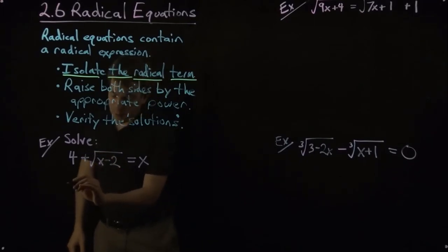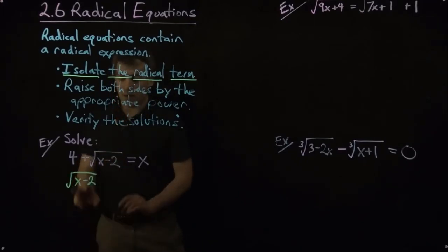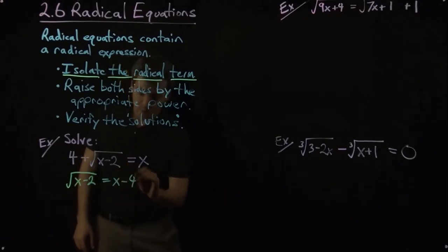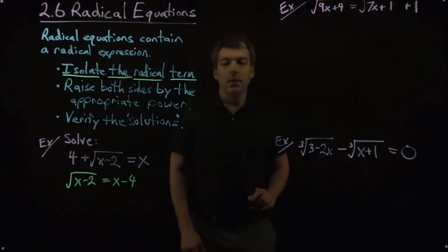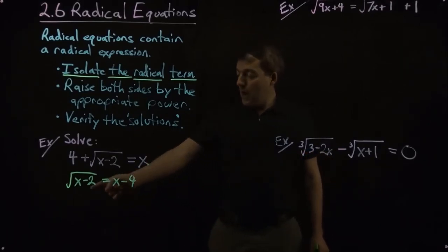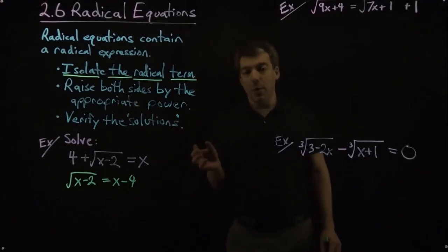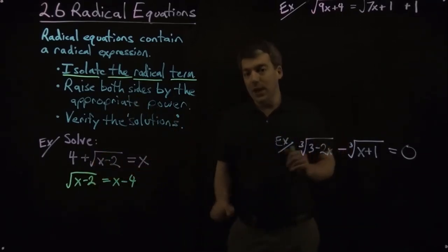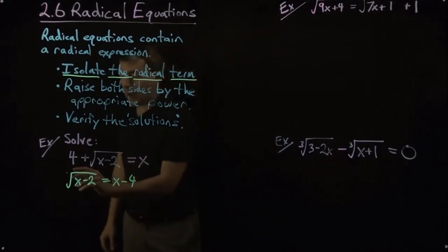So we'll have the square root of x minus 2 equal to x minus 4. We have isolated the radical term, and now we raise both sides to the appropriate power. Since we have a square root, we'll raise both sides to the second power.